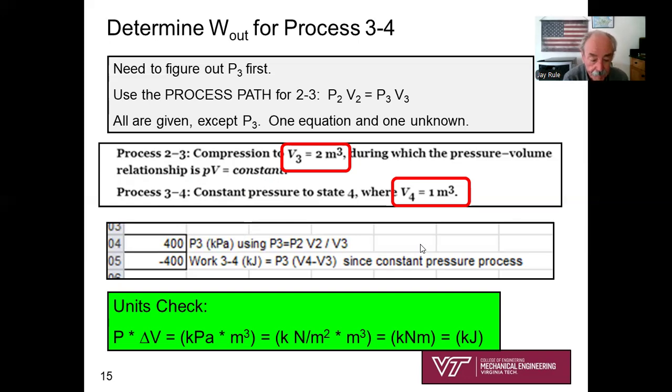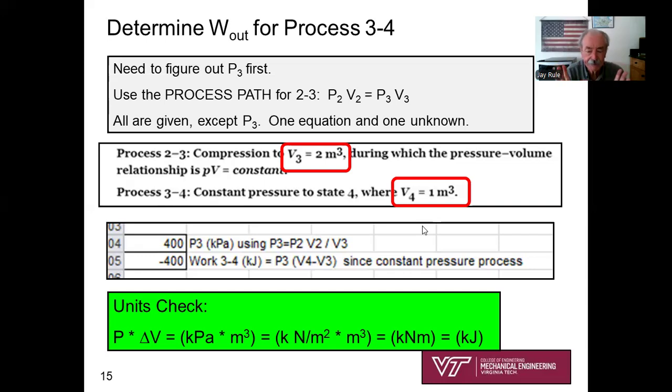You're not given it. Now you can go in and apply your work equals integral PDV, constant pressure. So P3 times V4 minus V3. Bang that out, and you've got negative 400 kilojoules.